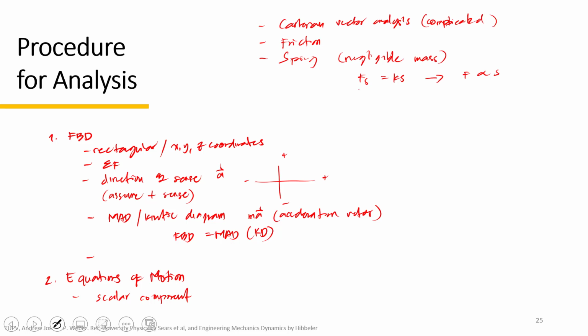So here we have k as the constant of proportionality, or the spring stiffness, and that's it. There are springs that have a different relationship, for instance Fs equals ks squared or ks to the one-half, etc. But for the most part, this is the most common relationship.